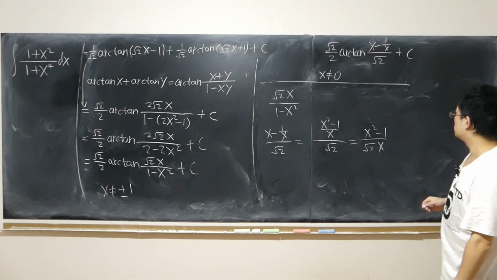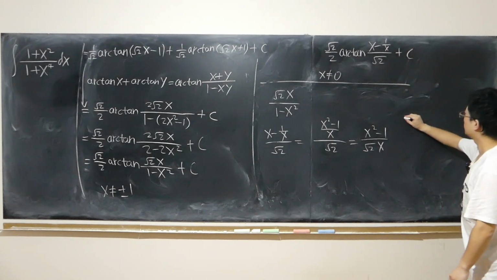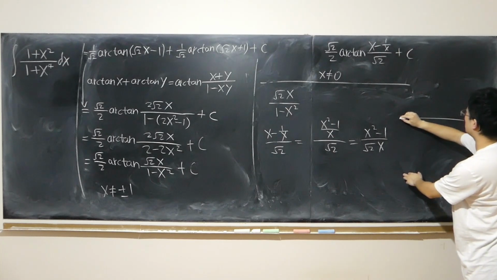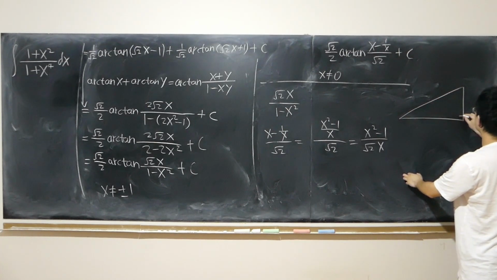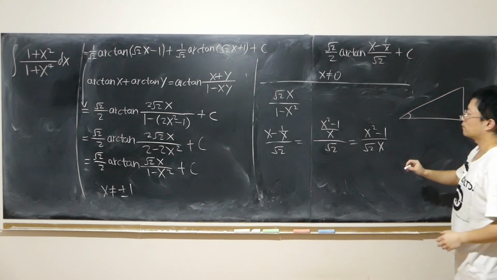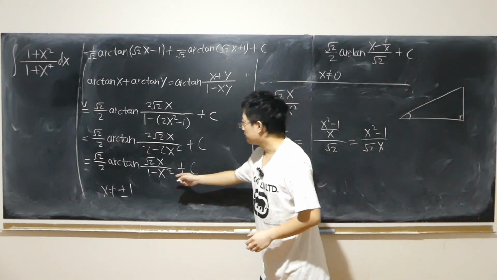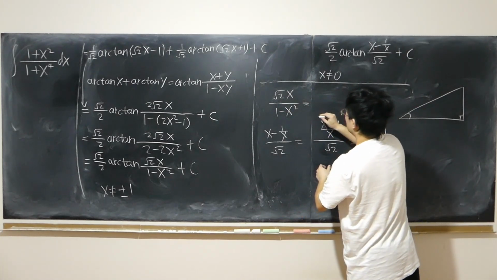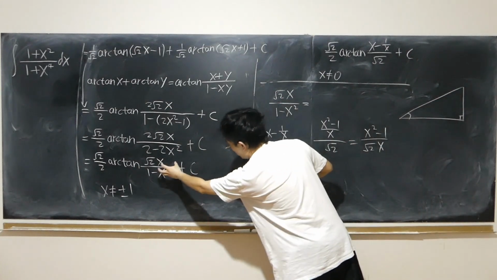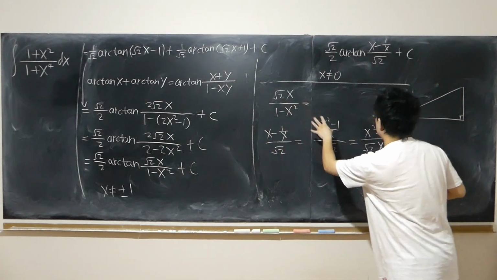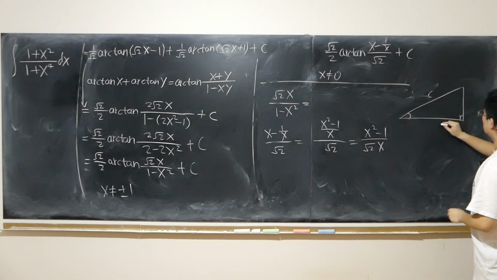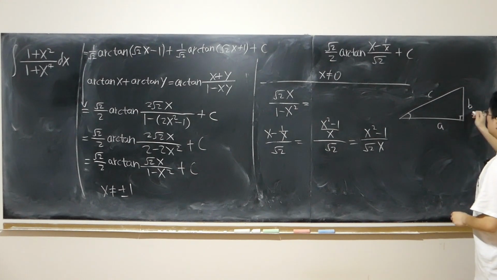So that reminds me of the definition of tangent. For example, if I say this is the trig ratio, the tangent ratio, so this is this. So A, B, C, alpha, beta.